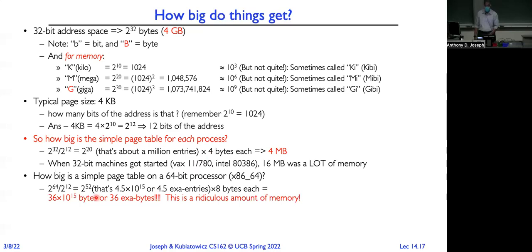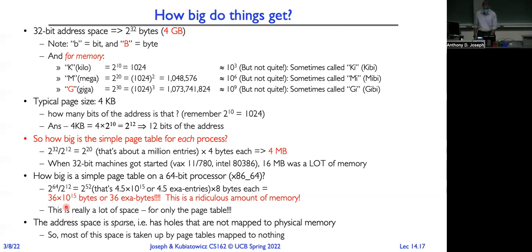That is 2 to the 52nd virtual pages, or 4.5 exa entries, each of which is going to be 8 bytes in size, so we're going to need 36 times 10 to the 15 bytes of physical memory just to store the page table. So clearly that's not going to work as an approach. We're going to have more memory taken up with the bookkeeping than actually used by the program. And so that's just not going to work.